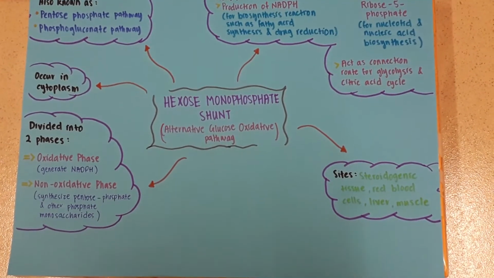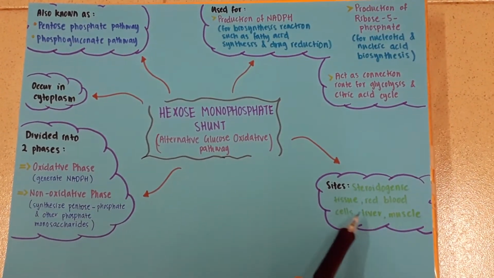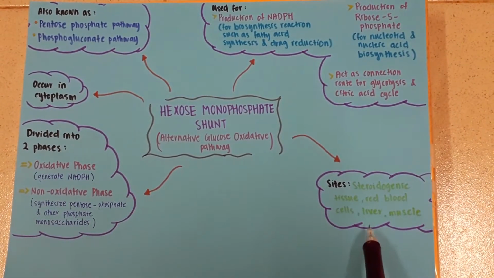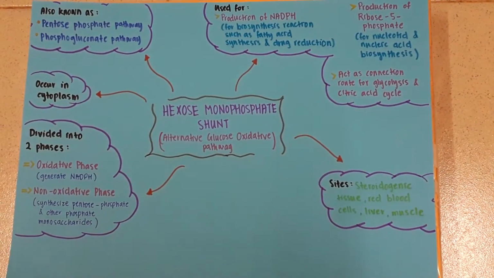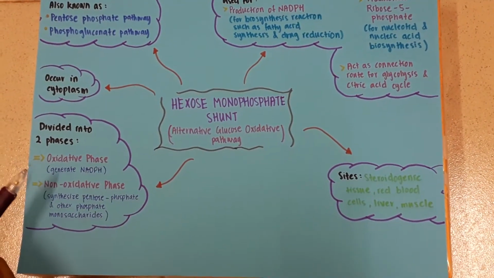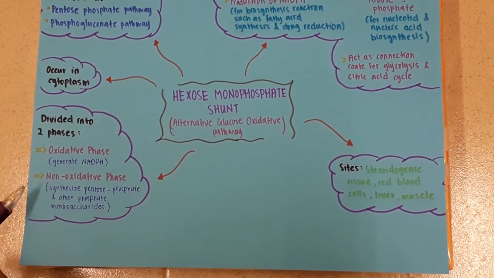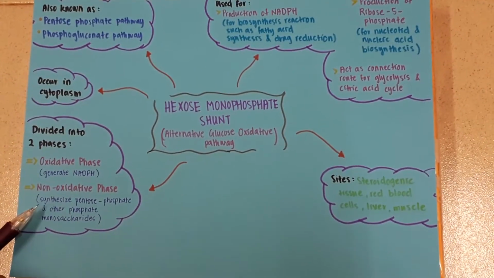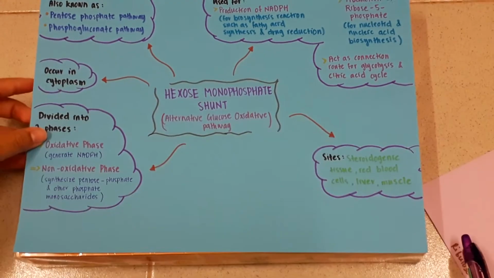The major sites for the hexose monophosphate shunt are steroidogenic tissue, red blood cell, and liver, while muscle is the minor site. The hexose monophosphate shunt is also divided into two phases, that is the oxidative phase that generates NADPH, and the non-oxidative phase that synthesizes pentose phosphate and other phosphate monosaccharides.